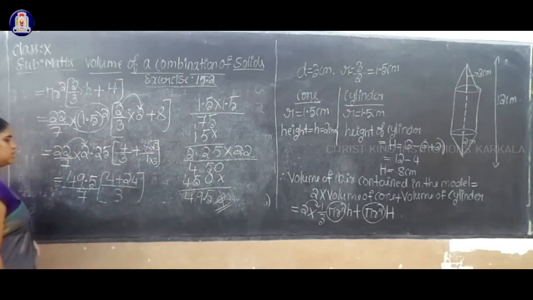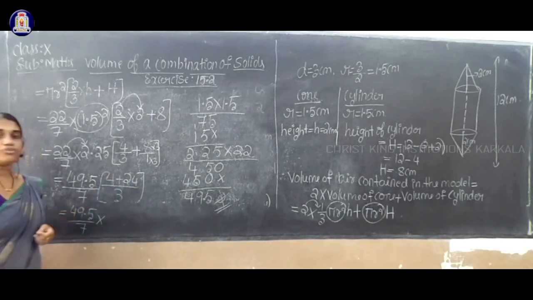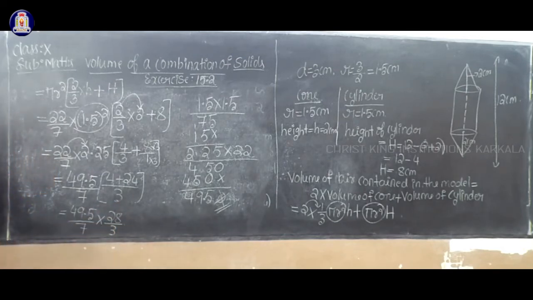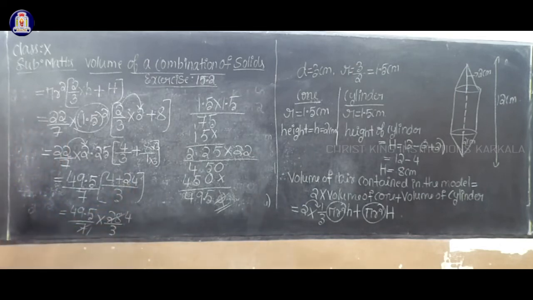Now this is equal to 49.5 by 7 into 24 plus 4 equal to how much? 28. 28 by 3. Okay, so 7 ones are 7, 7 4s are 28.